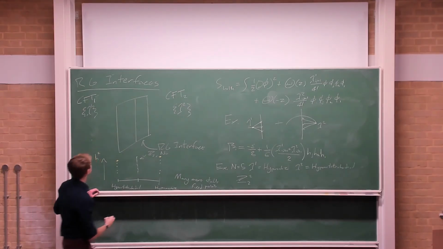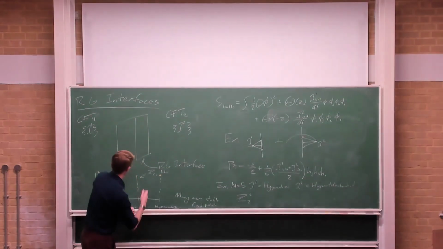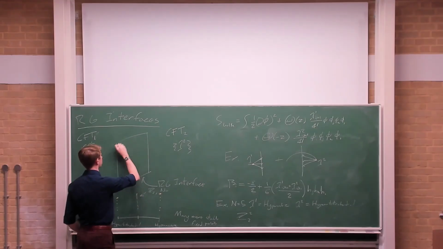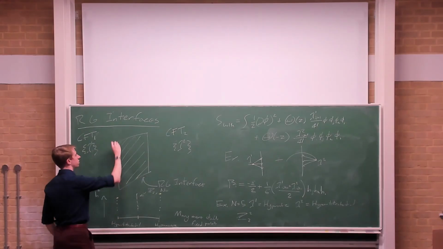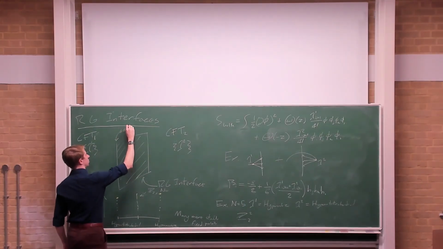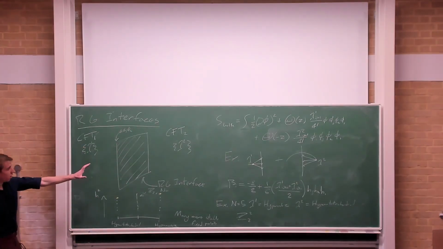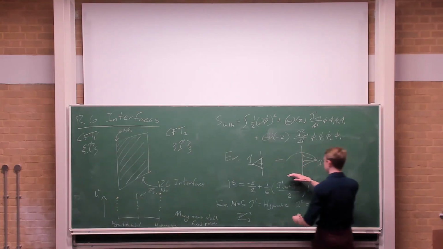I guess the perhaps more interesting case is when you don't add a line, but instead, so this is already an interface, you add the cubic couplings that we had before along the entirety of the interface. So you have some cubic interaction added to this RG interface. You can again find fixed points. It's the beta function. You get more diagrams.